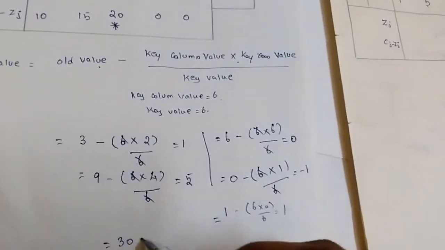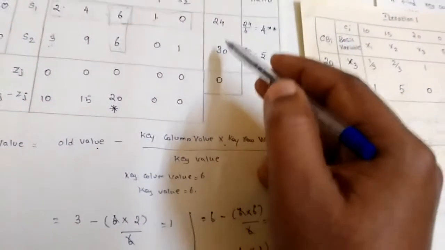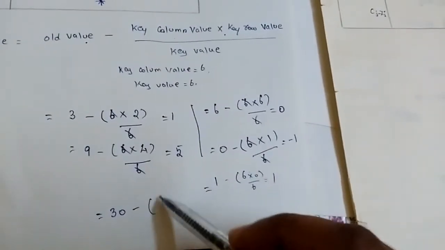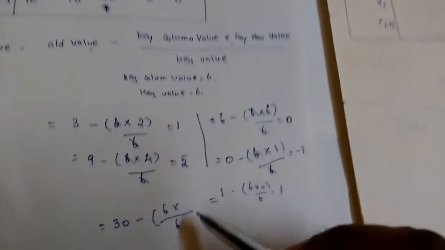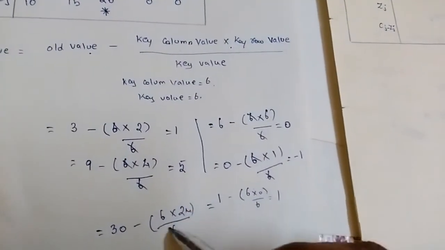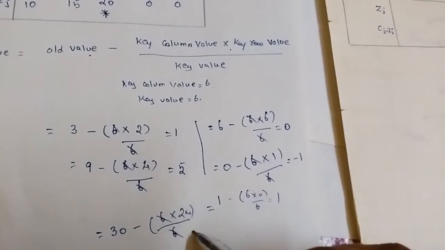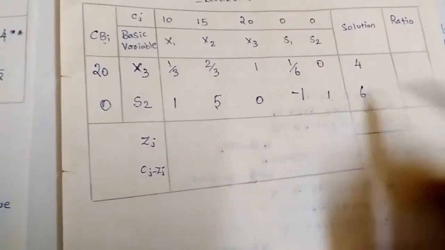For the solution, old value is 30 minus key column value 6 into key row value 24, divided by key value 6. 6 cancel, 30 minus 24 is 6. Okay, so the new solution value is 6.